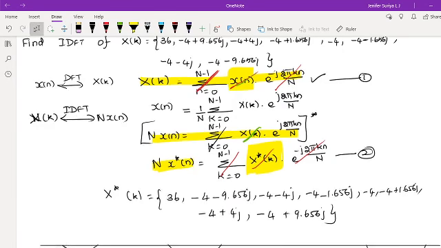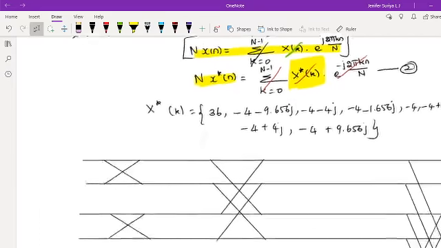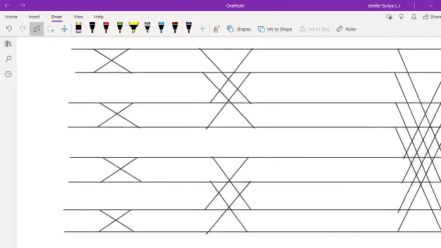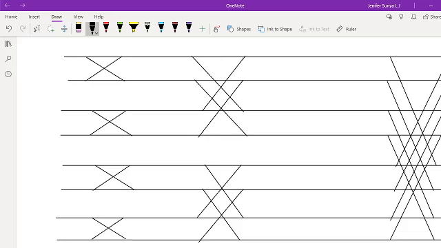For performing the DIT FFT algorithm, the inputs are in bit reversed order. So I am going to represent the bit reversed input for the 8 point. The bit reversed representations are x star of 0, x star of 4, x star of 2, x star of 6, x star of 1, x star of 5, x star of 3, and x star of 7.